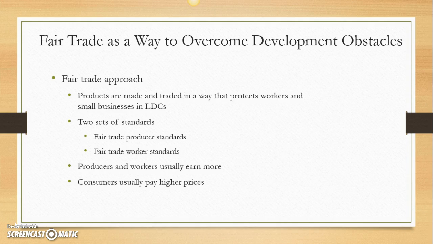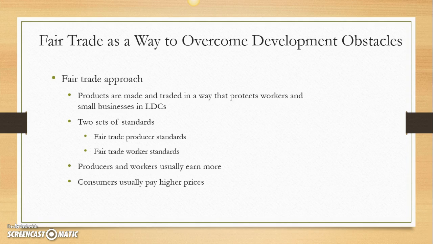Okay, so this has been our lecture about obstacles to development, and so we talked about a couple of methods of development. Right, talked about self-sufficiency, and we talked about international trade. We talked about some of the obstacles to development, and in particular we focused on financial obstacles to development, okay, which makes sense since really what we're talking about is trade.